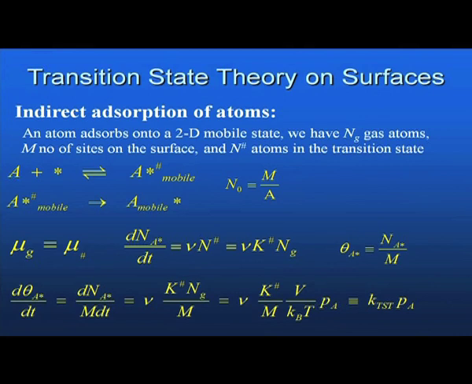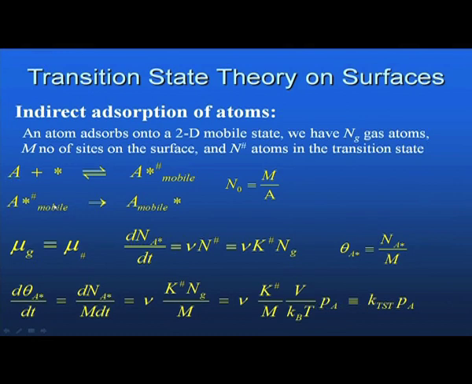The mechanism is that the atom, this is the surface, the star is the surface, making a mobile situation. So, it is a mobile precursor, that is, this precursor is moving around. And per unit area, this is the number of sites available per unit area. m is the total number of sites on the surface and a is the area. So, if you divide by area, then it will give you number of sites per unit area.